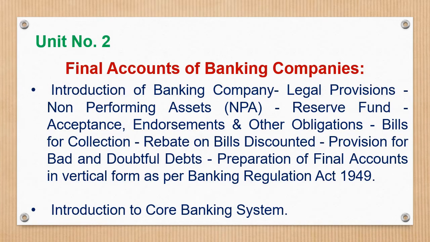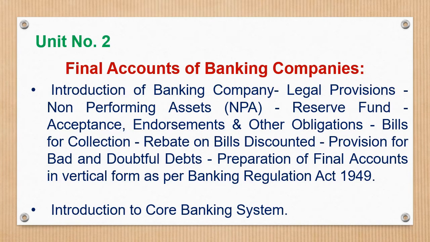This is a very big and lengthy problem in that chapter, and one remaining part in examination, you may be asked in a short note, what is core banking system, or you write the short note on core banking system. So this part we also studied under this unit, introduction to core banking system. This is the total scenario of unit number 2.